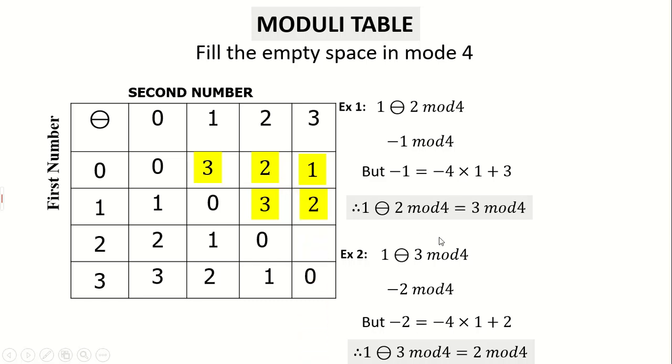Likewise, 0 minus 3 is going to give me minus 3, and when you work it out using this same method, it will give you 1. And lastly, I have 2 operation 3, which is this space here. That's going to give me minus 1, which is also similar to this one, so the answer will also be 3.